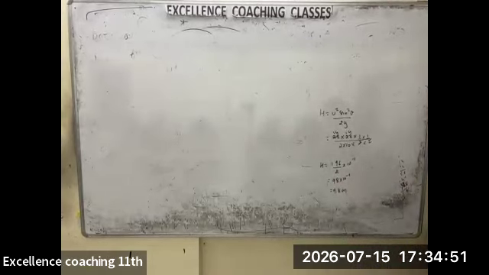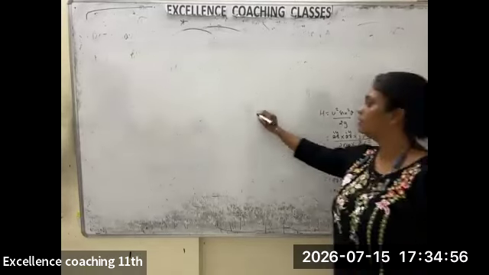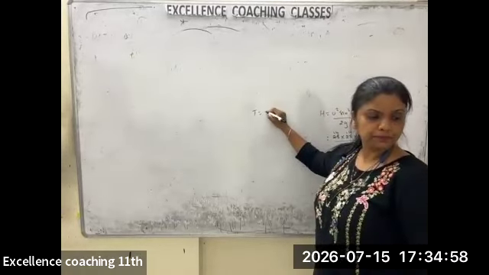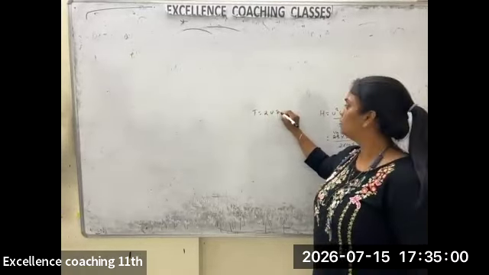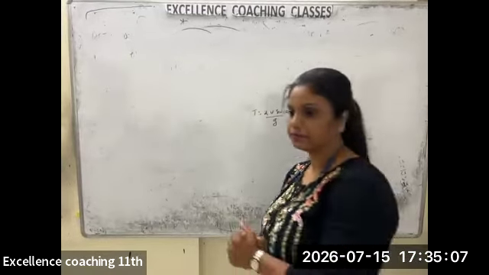Then you have to find out how much time it is taking to reach down. So the time of flight formula is 2u sin theta upon g. What do you get? 2.8.